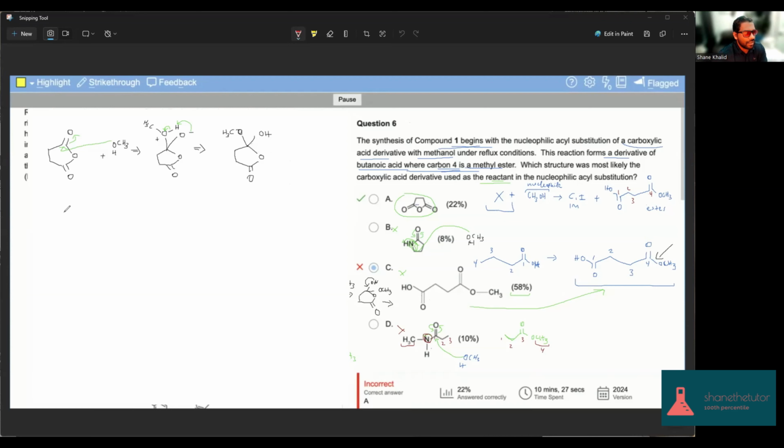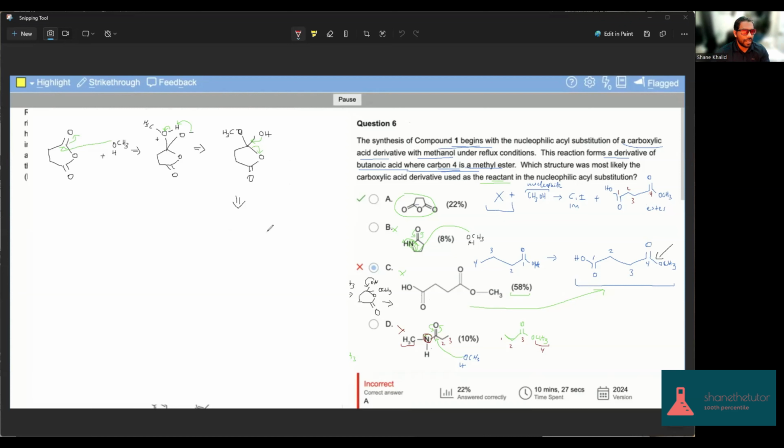I should have done this in light green. So this comes back here, reforms a double bond. This breaks off as a leaving group. And since this bond breaks, we are cleaving the ring. So the ring is going to open up.